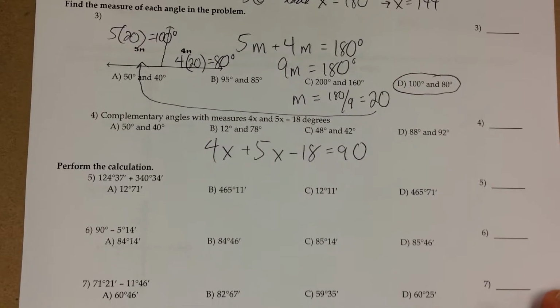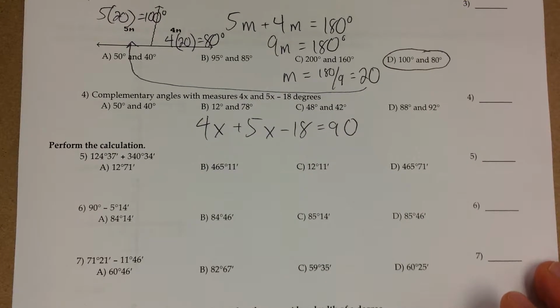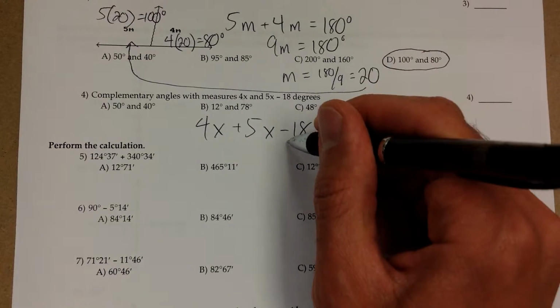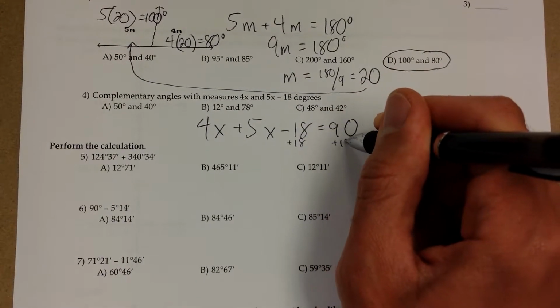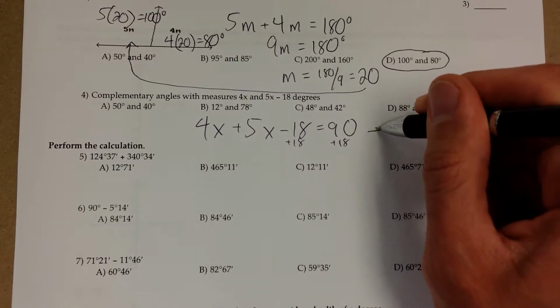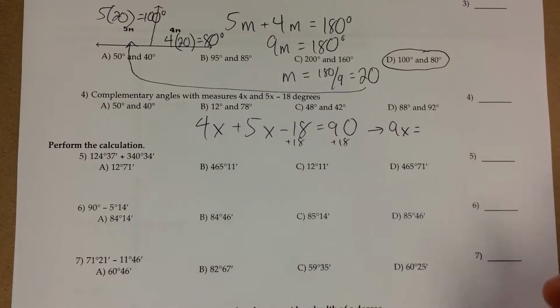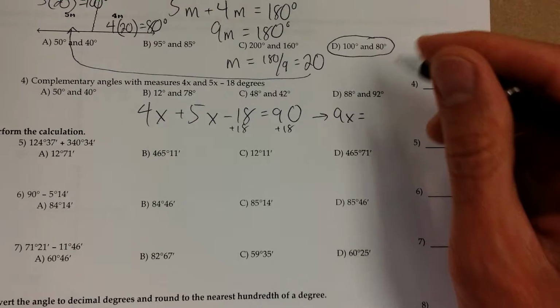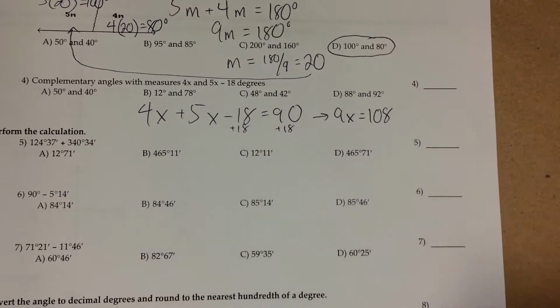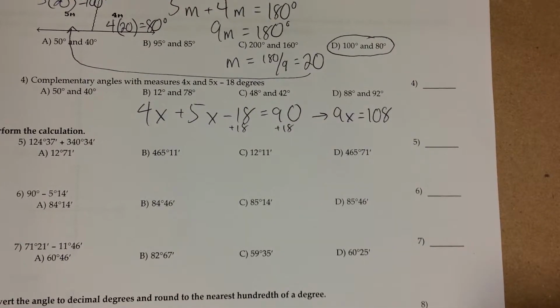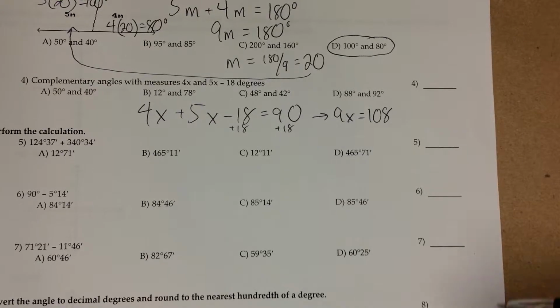Good. And what would your next step be? Add 18 to 90. 9x equals 108. x equals 12.